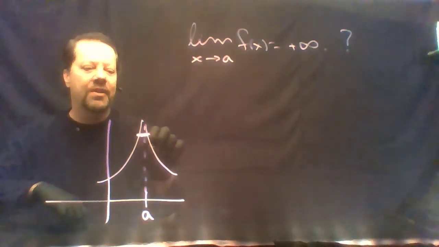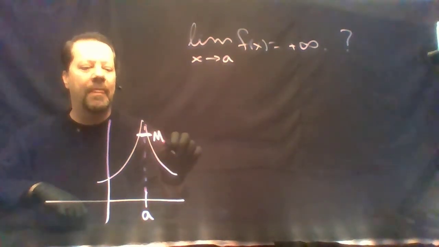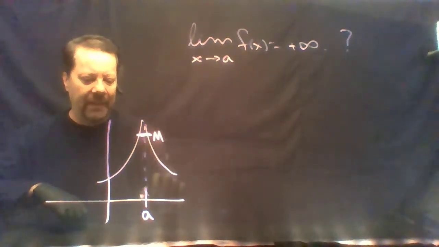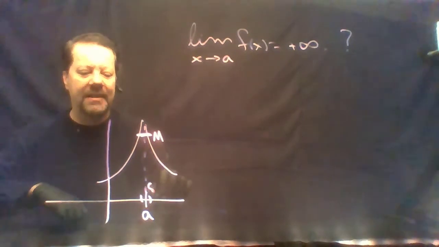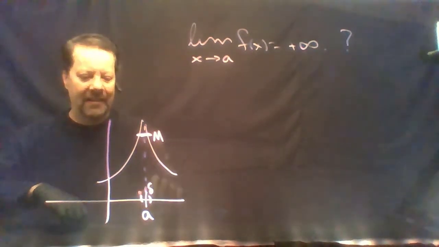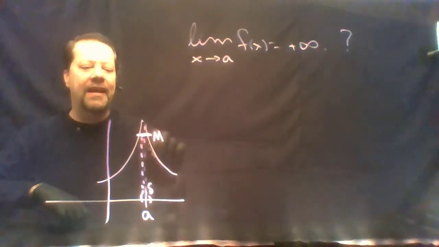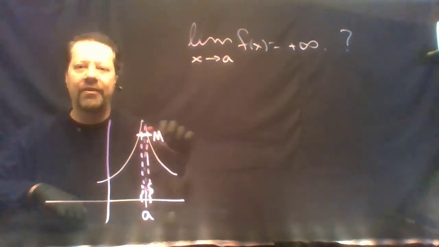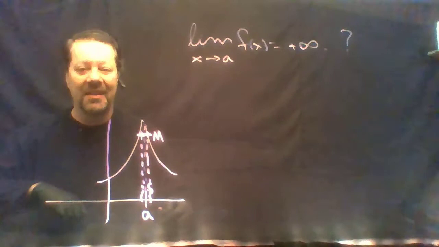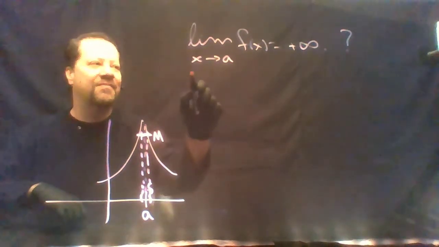If you choose some number m, there will be some level of closeness, some delta in the domain, so that if you stay within that delta, the function values will rise above whatever m you choose. That's the definition.